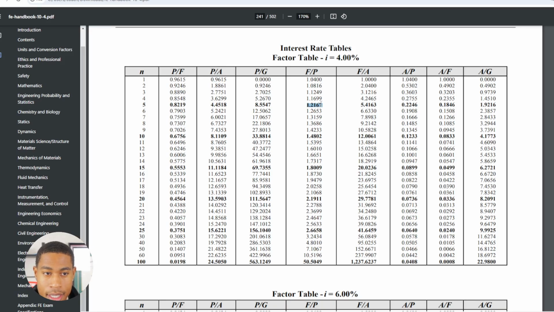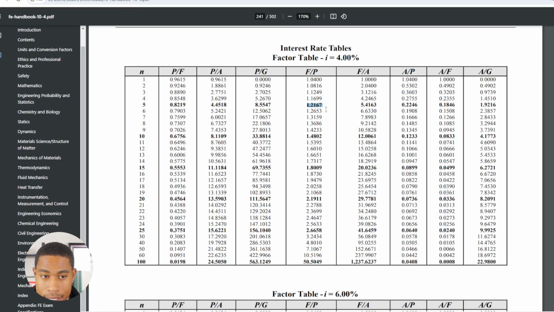It makes sense, right? If you are given a present worth of, let's say, $10,000, and we want to know what it will be worth after 5 years with 4% interest, then I'm going to multiply my 10,000 by 1.2167. And if we do that, then we get a bigger number.